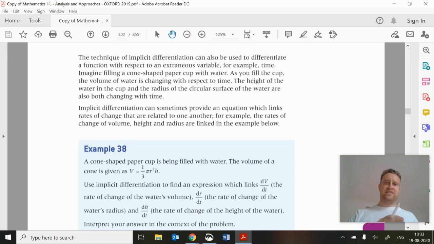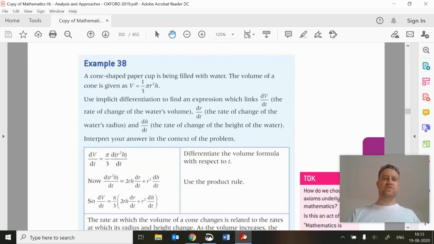Now, in this exercise, we're talking about questions in context, and often there will be other related rates of change involved in the question, which might just be left there in your answer.